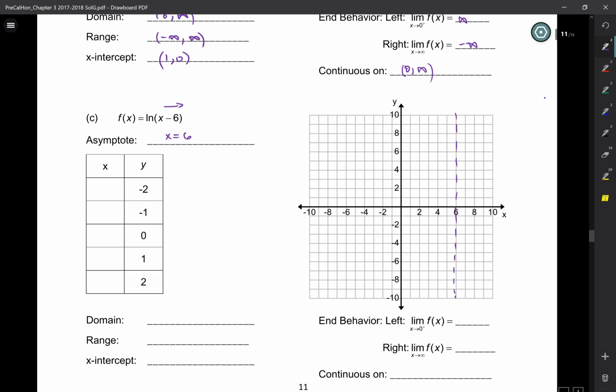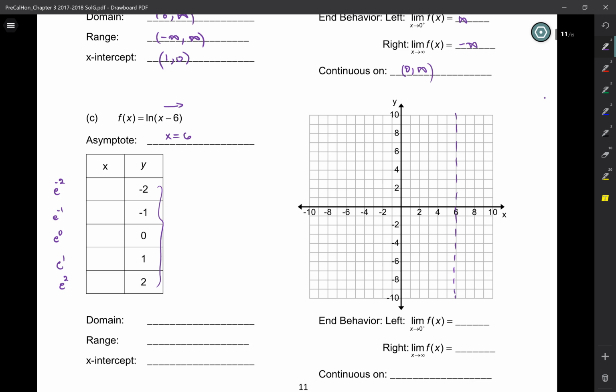So now, the base here is e, right? So what we're going to do is e to the negative 2, e to the negative 1, right? These are the exponents, e to the 1, e to the 2, but then we're going to shift it to the right 6, okay? And I want you guys to be able to do this mentally.